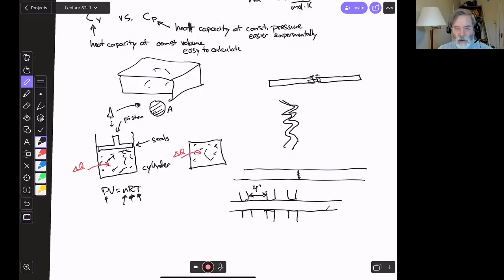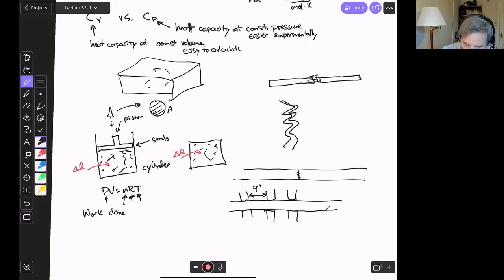So some of the energy that I put in, some of this delta Q, is going into work pushing that piston up. And that is fundamentally what causes the difference between a heat capacity at constant pressure and a heat capacity at constant volume. So we're going to start calculating how much work is done on that piston by the gas. And we'll use that to find the conversion between CP and CV.